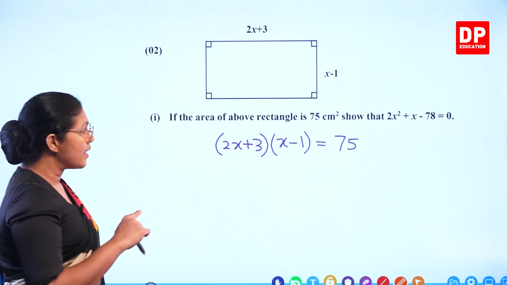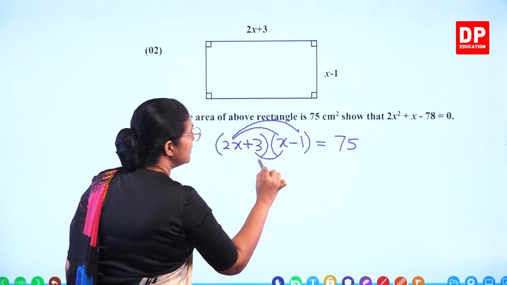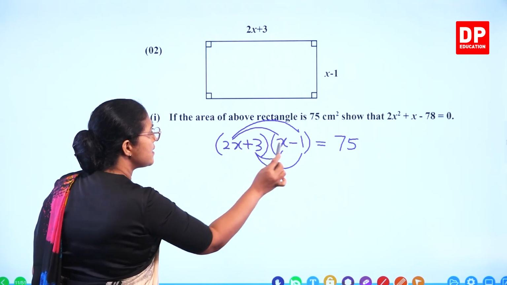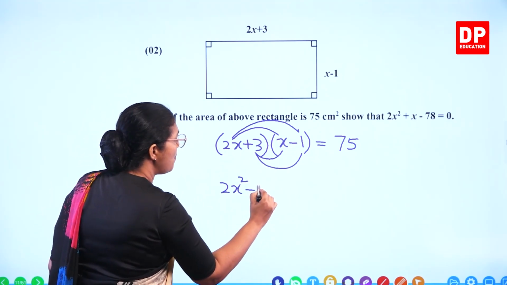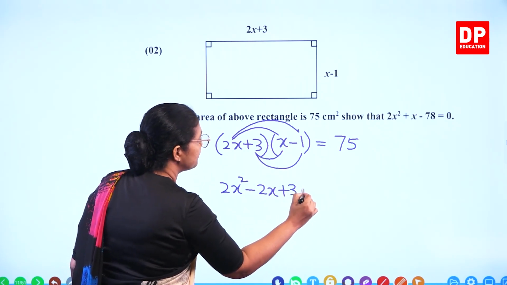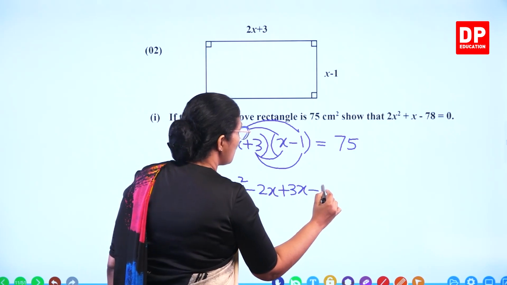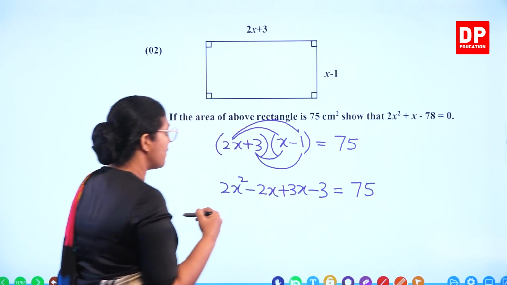Now expand the brackets. You can use FOIL to expand brackets. 2x into x is 2x squared. 2x into minus 1, minus 2x. 3 into x, 3x. 3 into minus 1, that's minus 3. That's equal to 75.